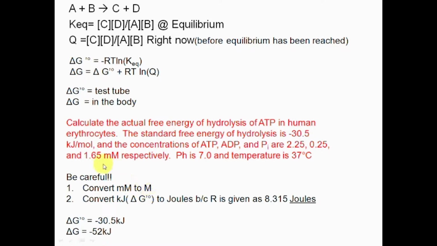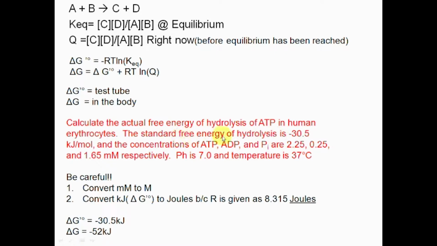So you would take 2.25 times 10 to the negative third, 0.25 times 10 to the negative third, 1.65 times 10 to the negative third. You plug all those in, you now have all the variables, and you can solve for delta G.